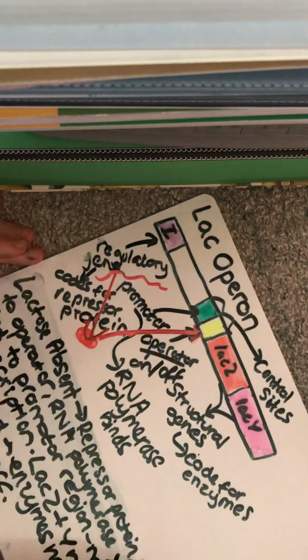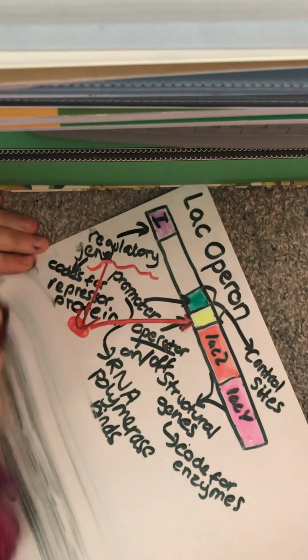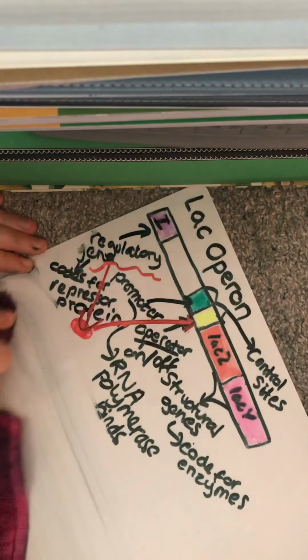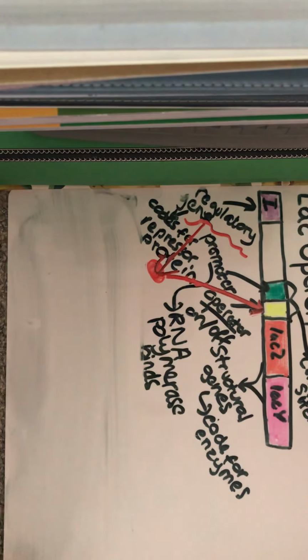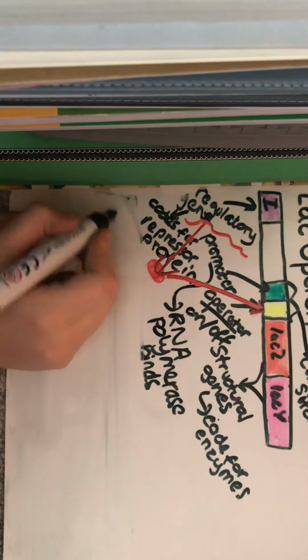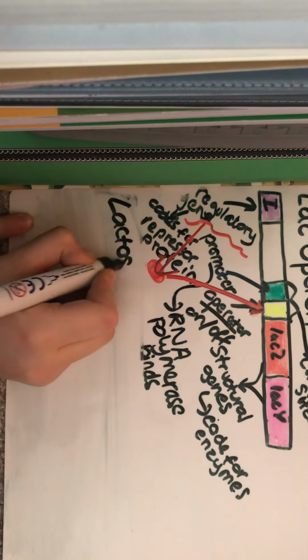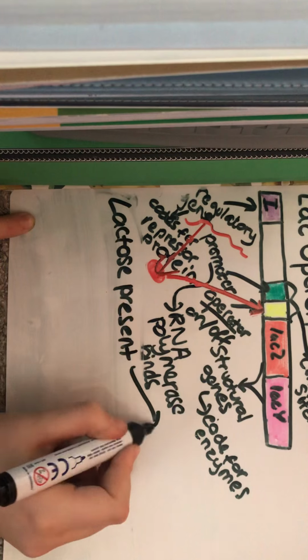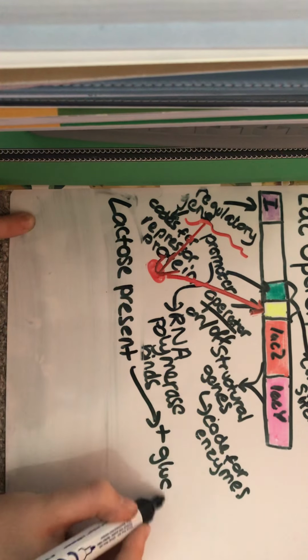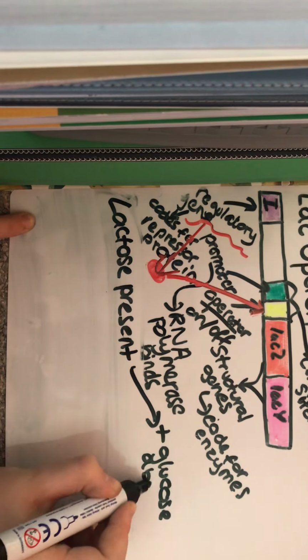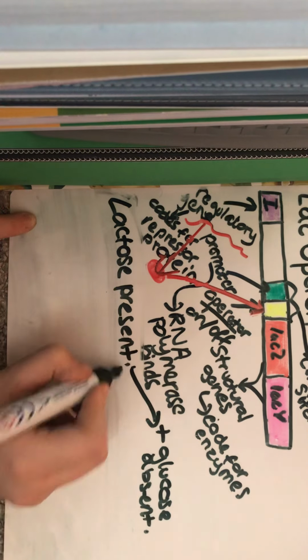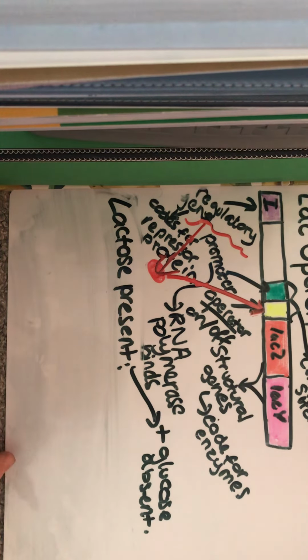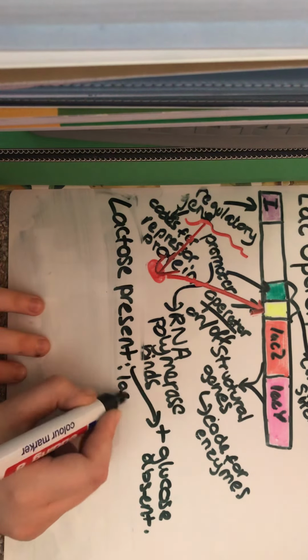However, then have a look what happens when we have lactose present. When lactose is present and glucose is absent, lactose binds to the repressor protein.